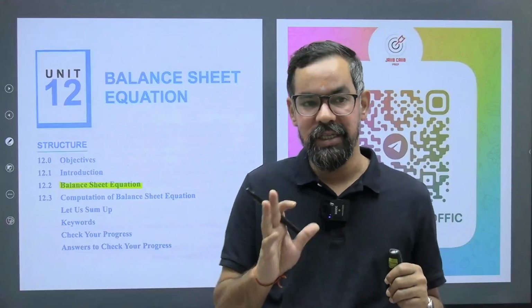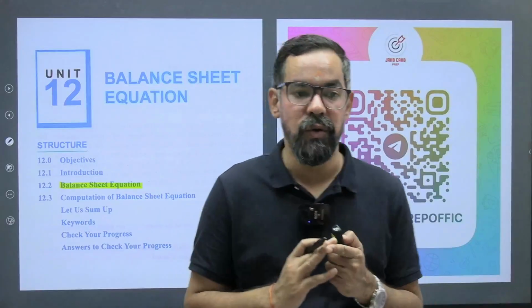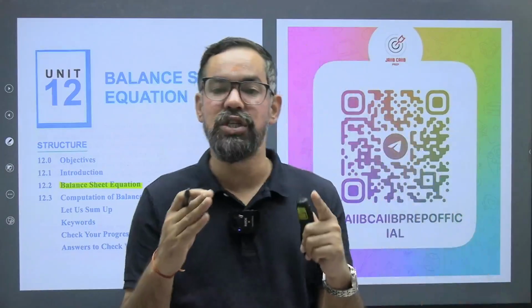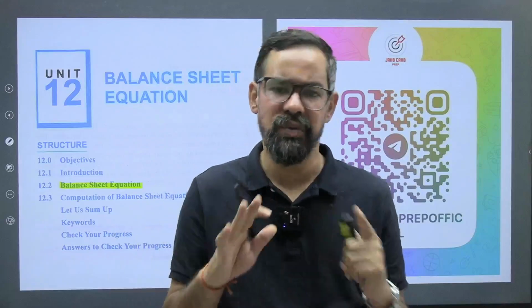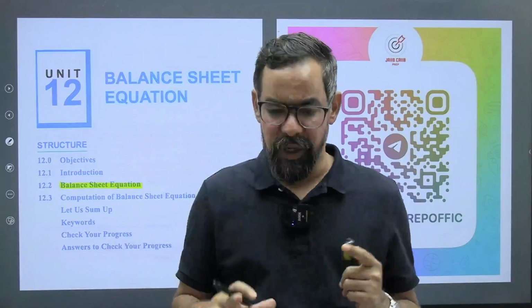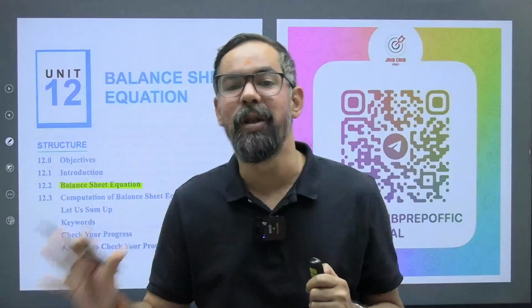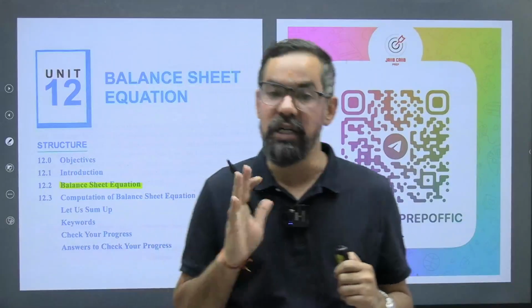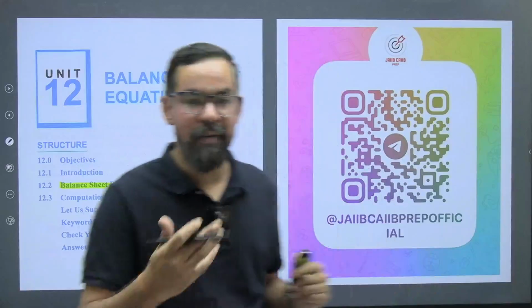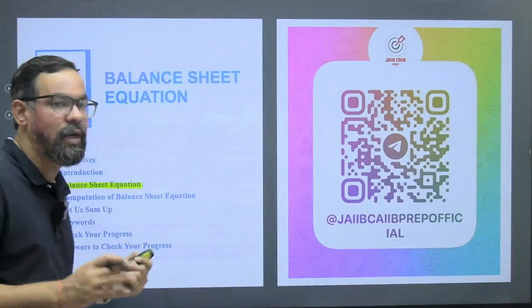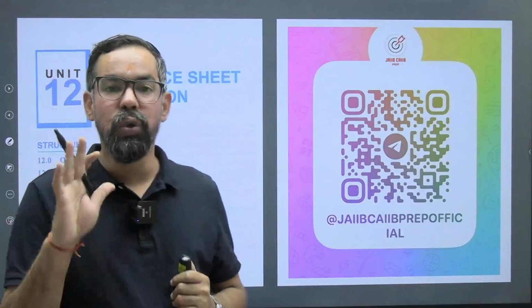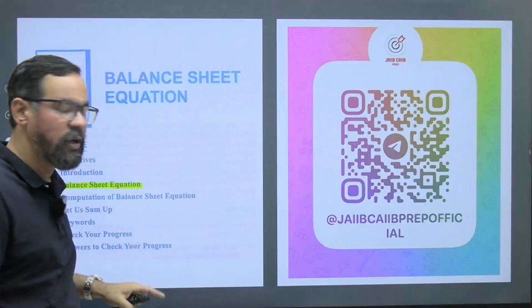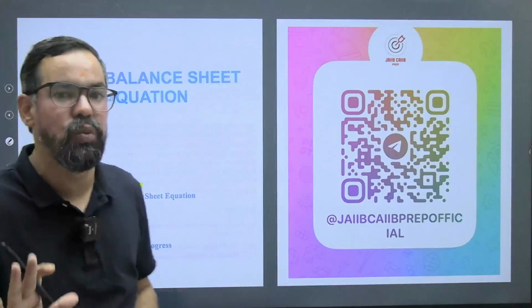They'll give you the current balance sheet status of XYZ company and some transactions, and ask how these transactions will impact the company's assets, outside liabilities or owner's equity. They have asked this many times, and you can expect on an average 2 to 3 marks based on this, very easy to understand and very small also.